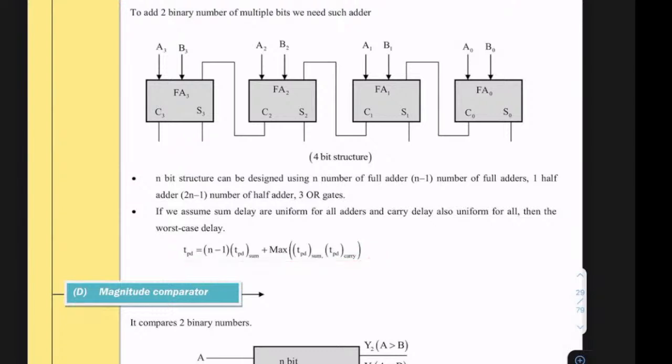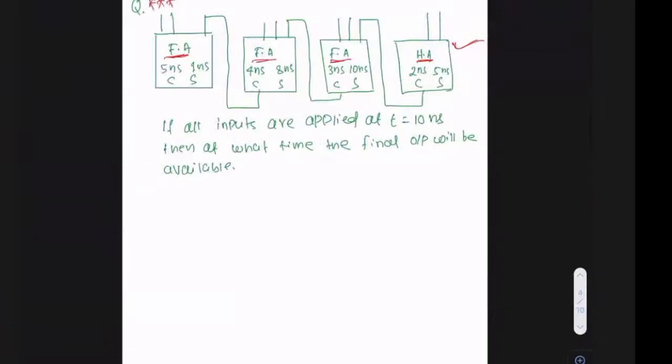This is the formula you may use provided the delay is uniform. If all the adders have the same delay, you may use this formula. Otherwise, if you get questions where the delays are different, then whatever concept you have learned in your theory, you have to use that to solve this.